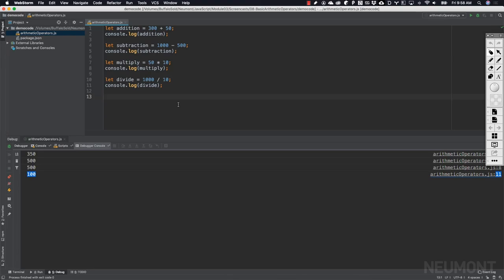The reality is that JavaScript treats the percent sign as your practical standard remainder operator that you'll find in some programming languages. It does not operate as the modulo operator.